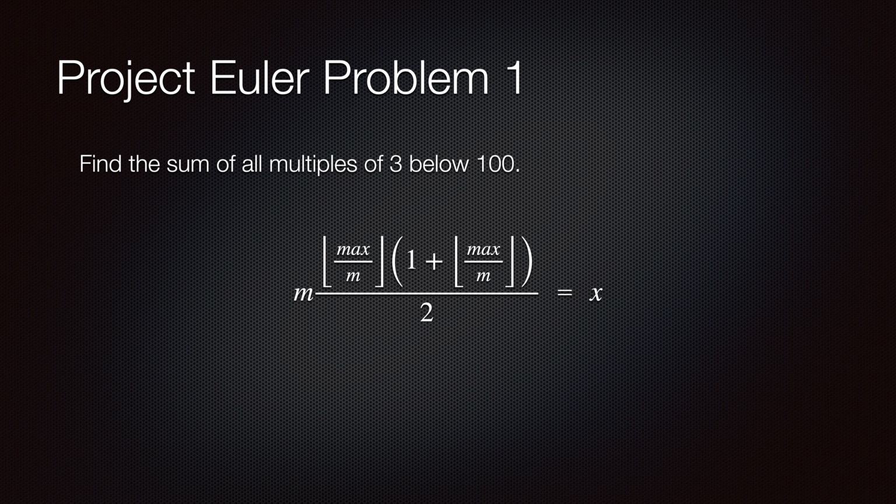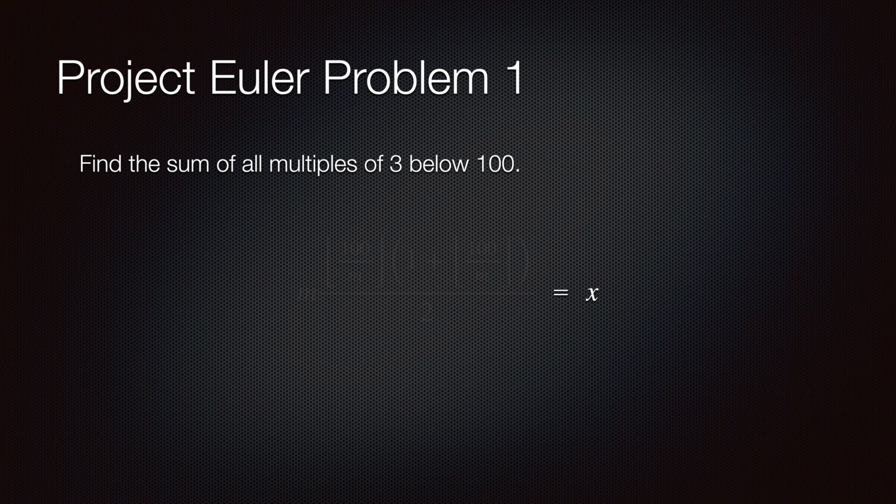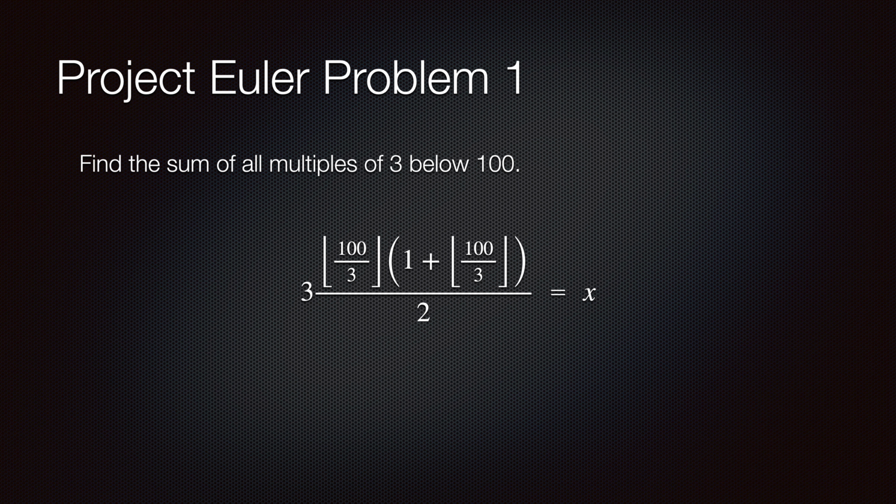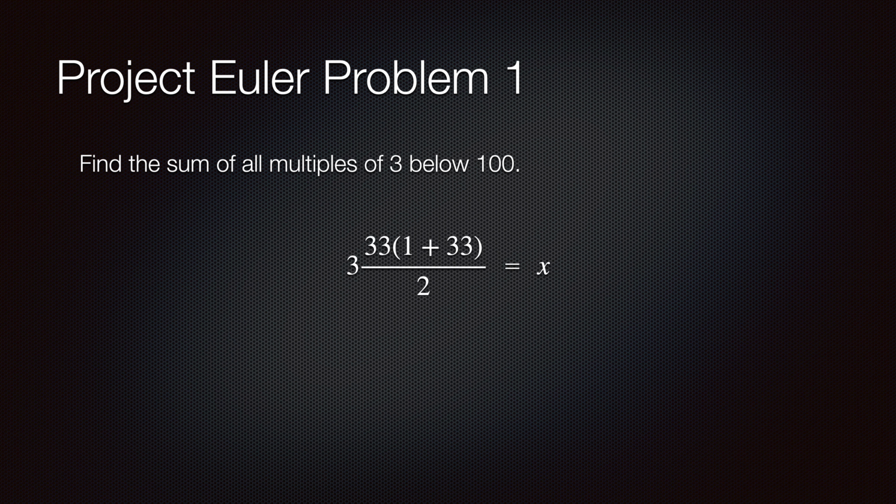Let's test it out. Our max is 100. Our m is 3. 100 divided by 3 is 3.3 repeating. 3.3 repeating floored is 33. 1 plus 33 is 34. 3 times 33 is 99. 34 divided by 2 is 17. 99 times 17 is 1,683.